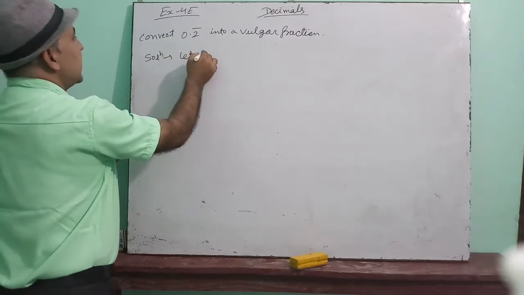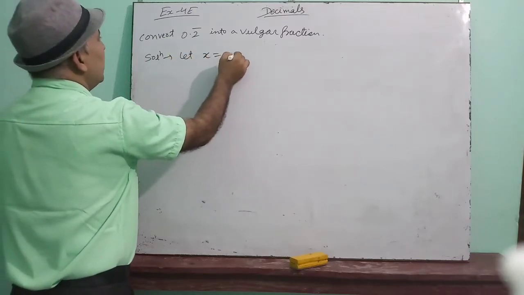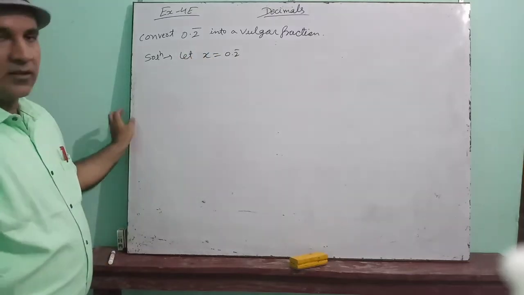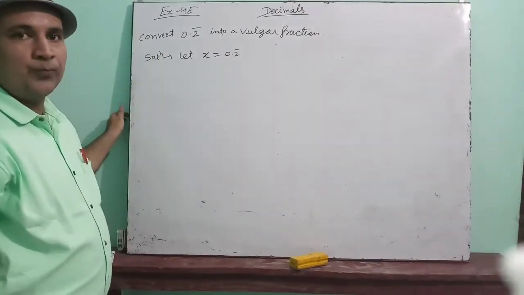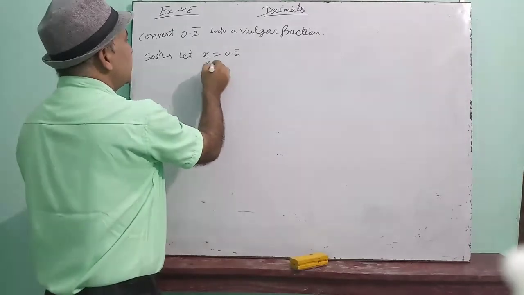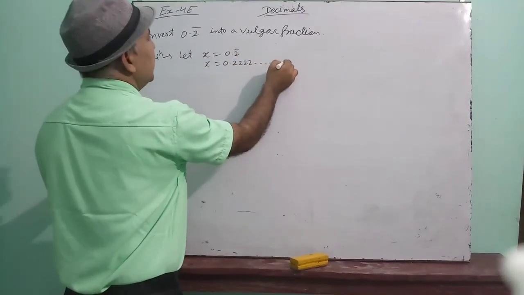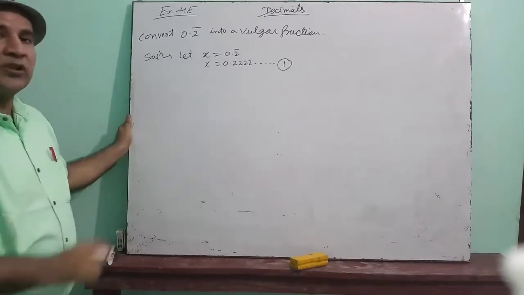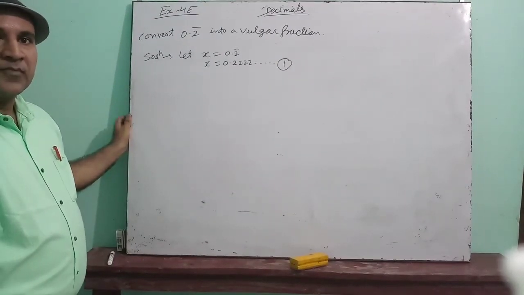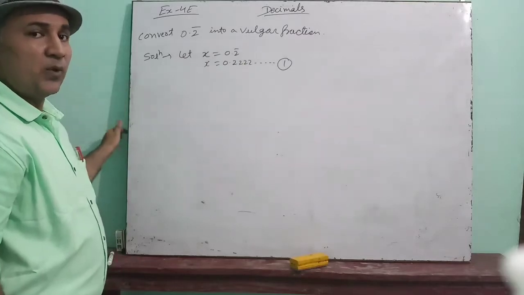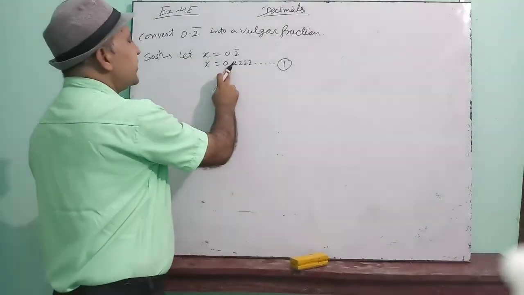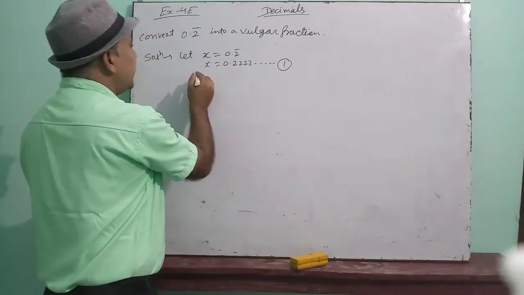First we will suppose that 0.2 bar is equal to x. Suppose that x is equal to 0.222 and so on. Now we will remove this bar. The meaning of this bar is this number is repeating again and again. Suppose this is equation number 1. Now after decimal only one digit is repeating.